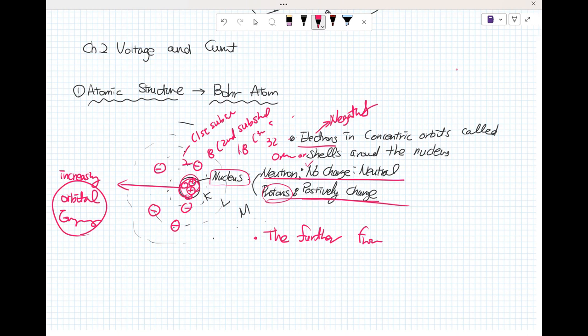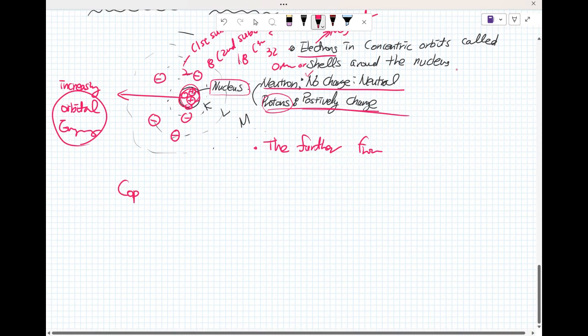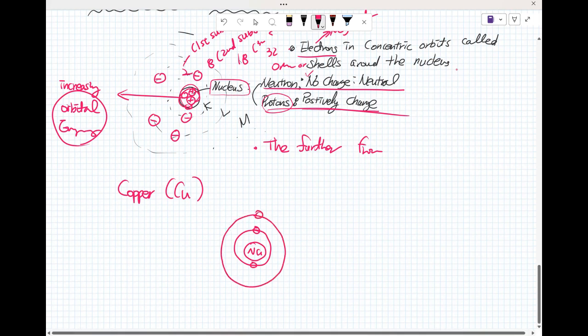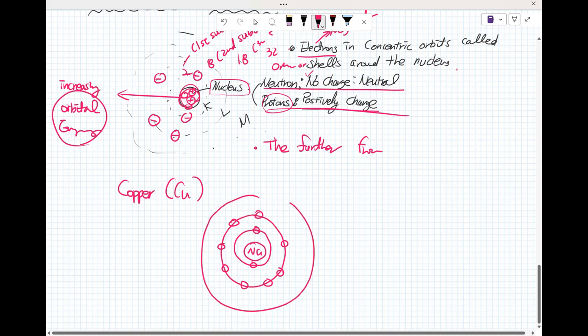For example, copper, Cu. This is the nucleus, and the fourth shell is the K. The shells hold 2, then 8 electrons, then 18 electrons, counting 1, 2, 3, up to 18.